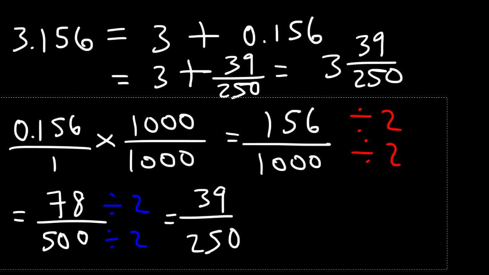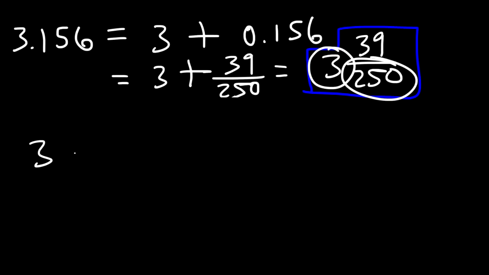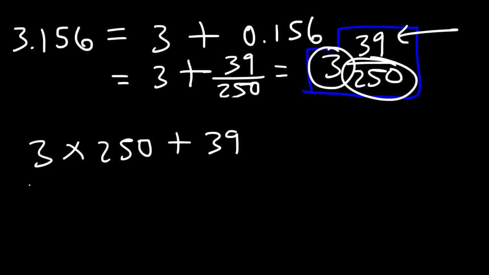Now, if you ever need to convert the mixed number into an improper fraction, here's what you can do. First, you need to multiply the whole number by the denominator. So it's 3 times 250, and then add the numerator, so plus 39, all divided by the denominator.